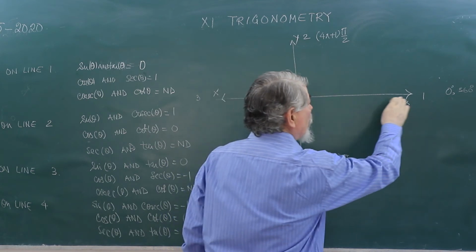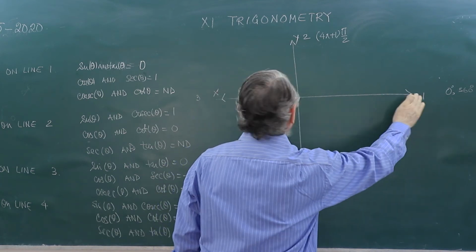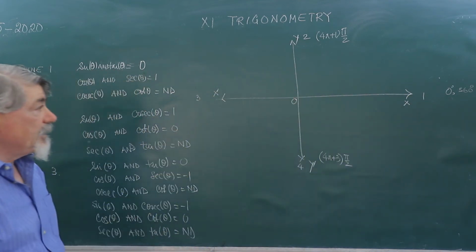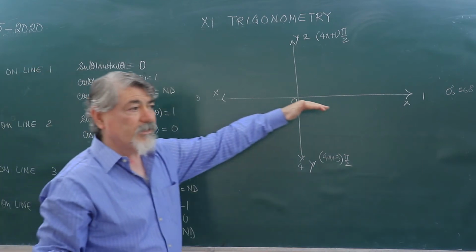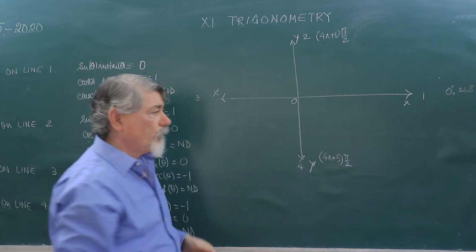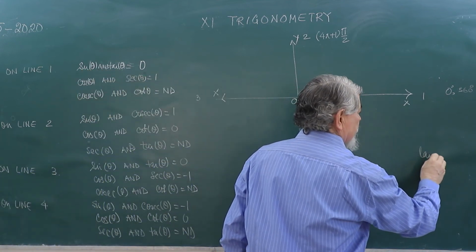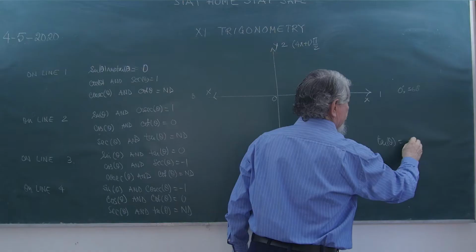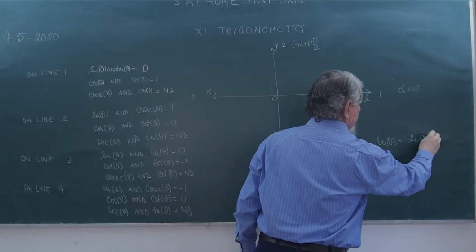Sine is always 0 here. Sine and tan are always 0 along the horizontal line. If sine is 0, tan is 0. Why? Tan theta is sine theta upon cos theta.